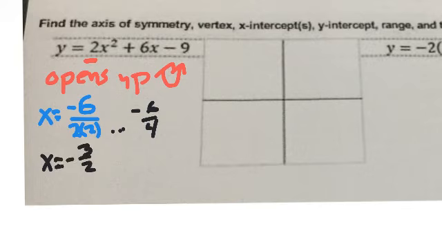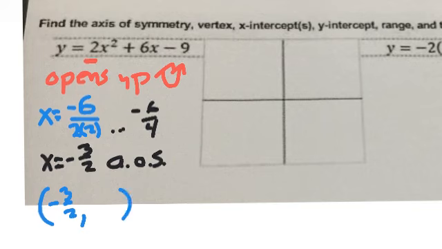So I now know where the axis of symmetry is. So I'm going to put AOS, so I have that in my notes, so I know what that is. Next, to find the vertex, I'm going to plug in -3/2 and find out what the y value should be. -3/2 squared, that's 9/4. 9/4 times 2 is 9/2.